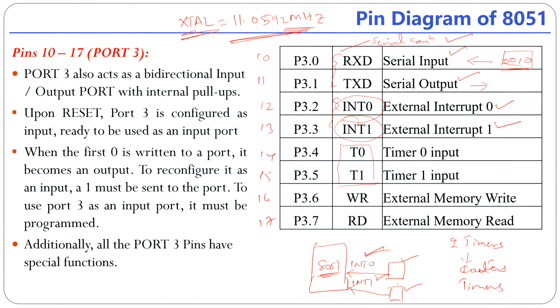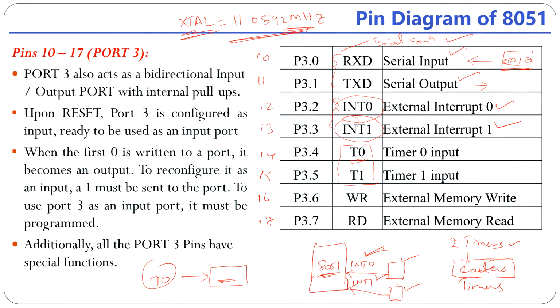Okay. So when you are operating these timers in counter mode, the counters require external inputs from any sensor. That means the count value will be incremented whenever any input comes through this pin.